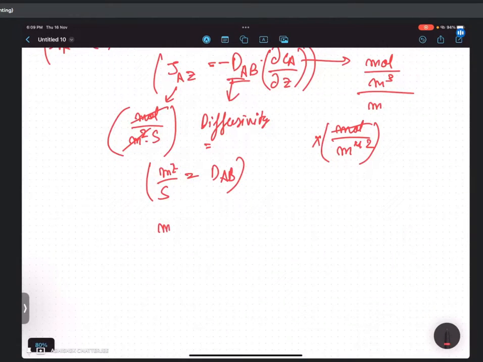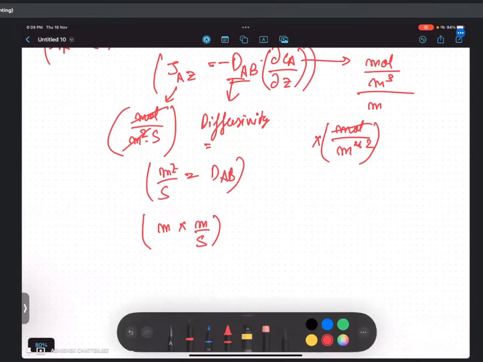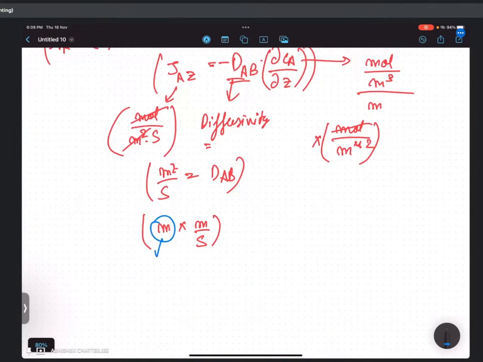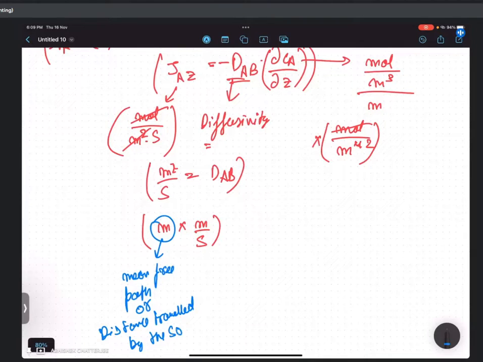We can write it as meter into meter per second. Please understand very carefully: this meter represents the mean free path or distance traveled by the solute, and this meter per second represents the velocity.